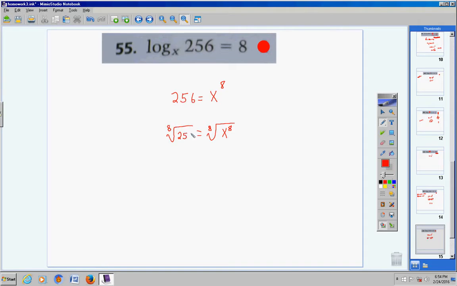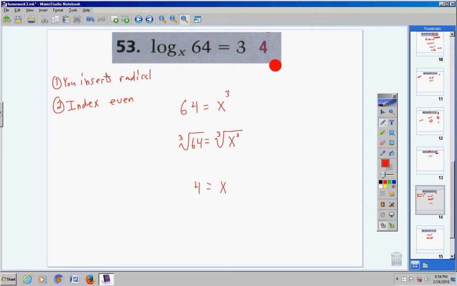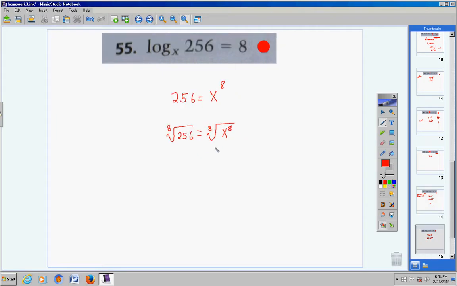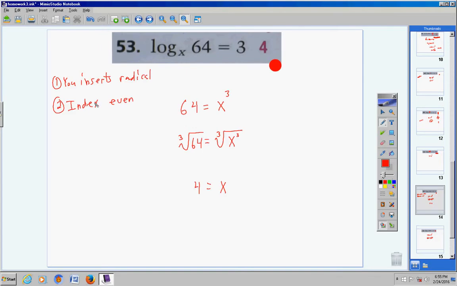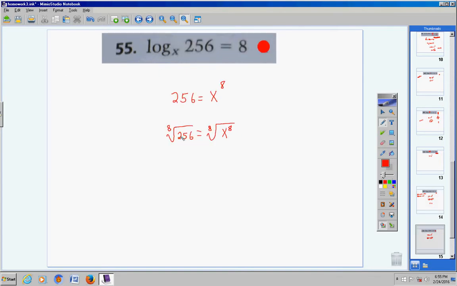Now, first of all, let's go back to our last page. Did you insert the radical? Yes, you did. You chose to put it in. Is the index even? Yes, it is. So you do put plus minus here, okay? Now, the 8th root of x to the 8th is just x. How do you type this into your calculator? Do you remember, guys? Well, we hit 8 first. Make sure your screen is clear.